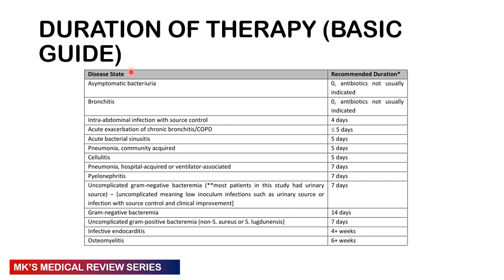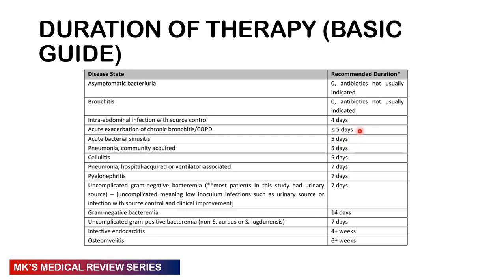Then if it's asymptomatic bacteriuria, there's no need for you to actually give antibiotics unless there's anything else. If it's bronchitis, of course, also no need for antibiotics unless otherwise. Then if there's intra-abdominal infection with source control, or you have controlled the source of infection, then about 4 days. If it's an acute exacerbation of chronic bronchitis or COPD, 5 days or less.